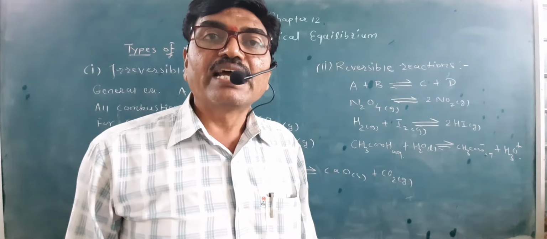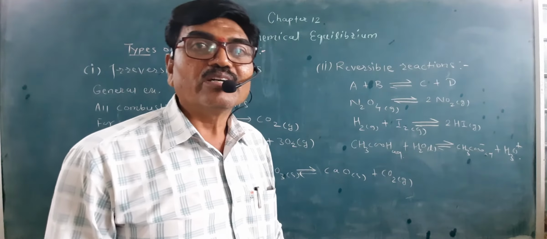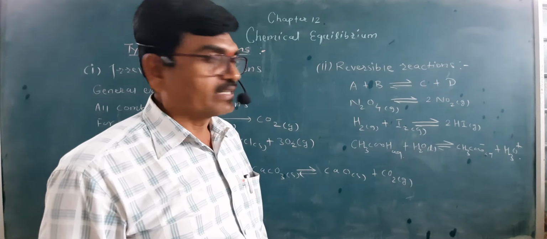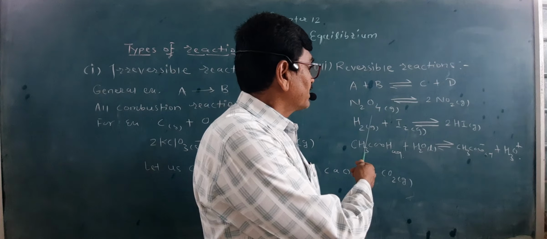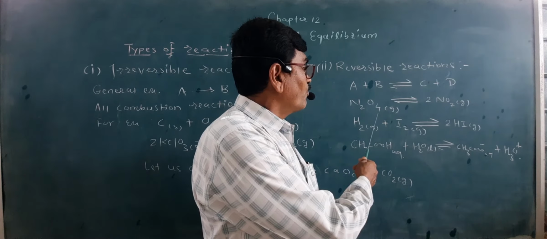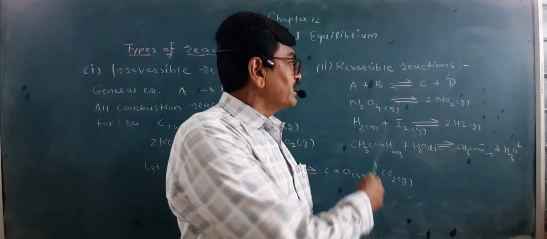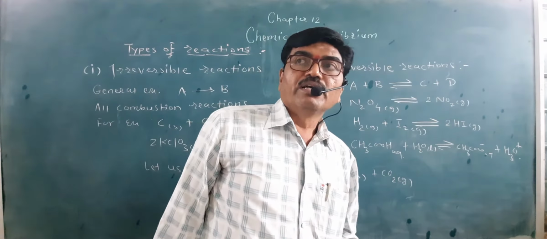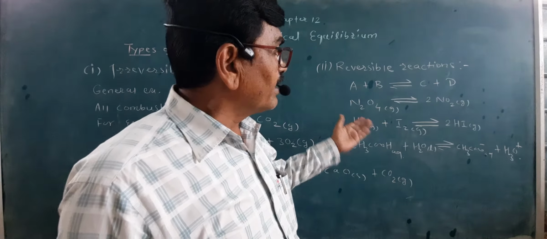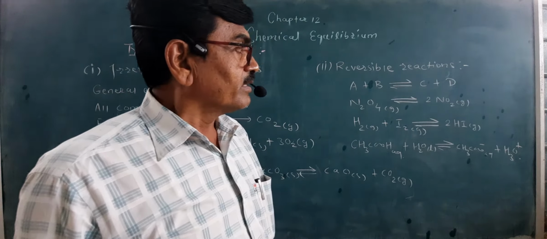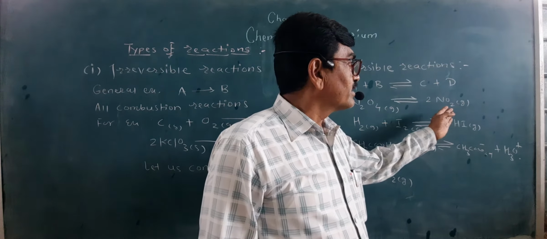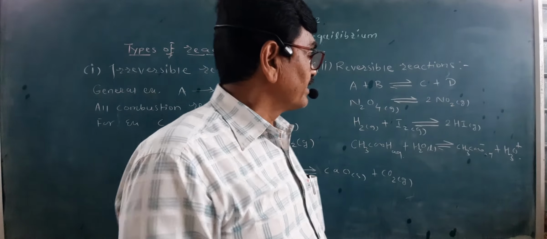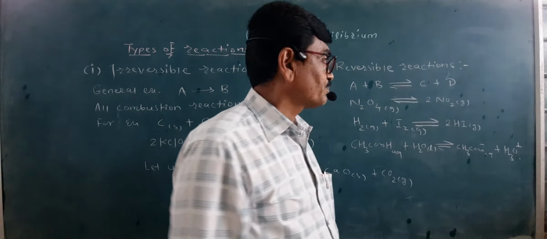The condition is that this reaction is carried out in a closed vessel or container. Look at this, N2O4 gaseous in a closed test tube. It appears colorless, but it gets converted into NO2, which is a reddish gas. So in this way, that is a reversible reaction.